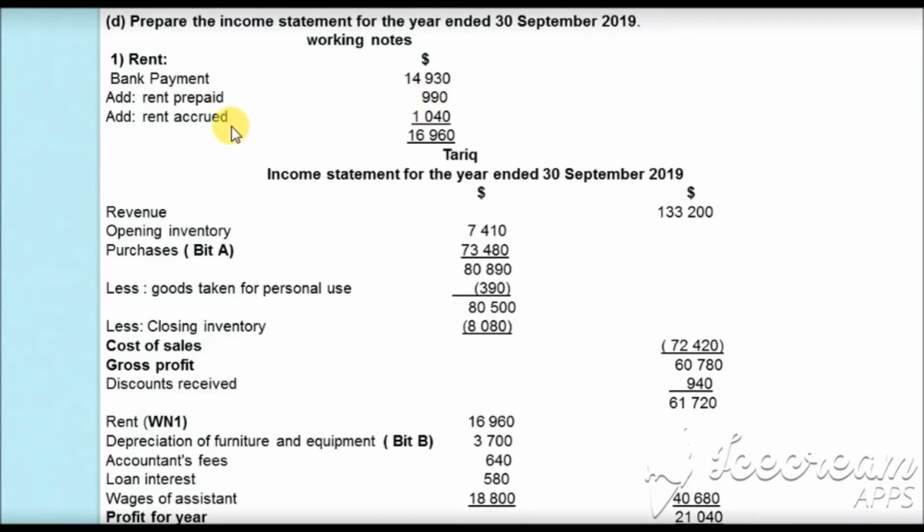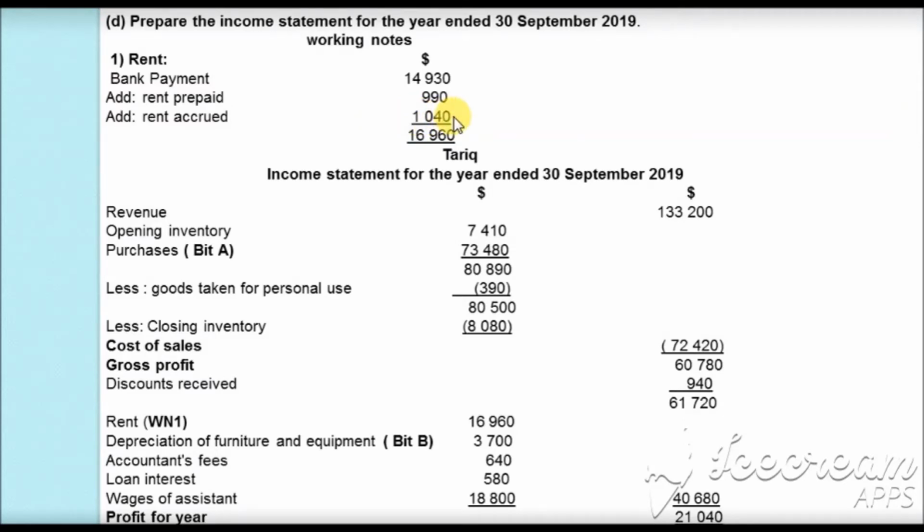Furthermore, it was also mentioned that at the end of the year, that is on 30th September 2019, there was rent which was accrued. That is, this was the outstanding rent which was required to be paid during the current financial year, and as this is an expense for our current financial year, this has to be added.